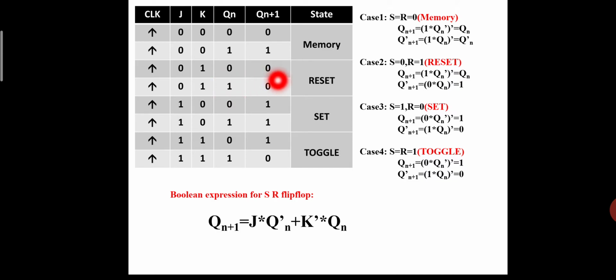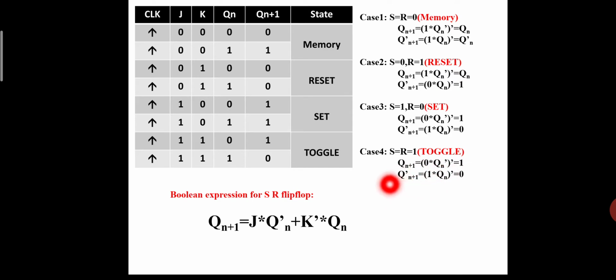So during reset condition, the outputs are 0 0. Here SR is written, instead of SR we need to write JK. So for 1 0, the output must be a 1 state, even if the past output is 1 or 0, the output is in set condition.